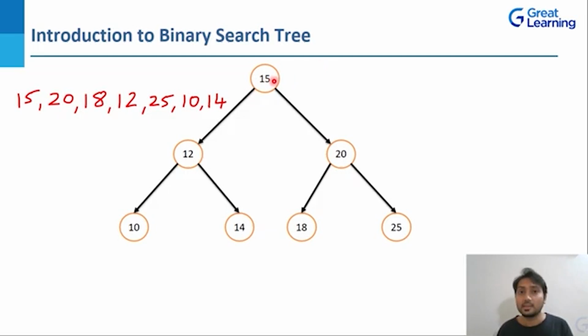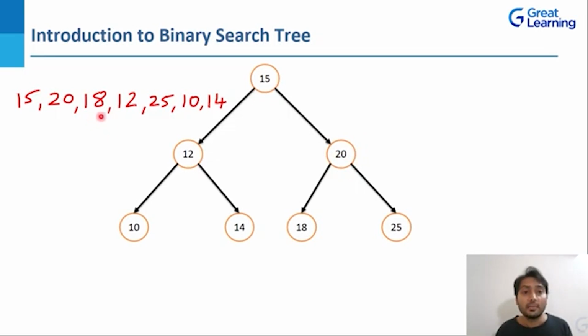Why? Because binary search tree is a special tree wherein all the values present on the left hand side should be smaller than that of the root node, and all the values present on the right hand side should be greater than that of the root. If you compare 20 with 15, is it greater or smaller? Greater, right? So you have to move to the right of your tree. So 20 will be placed here as the right child node of the node 15.